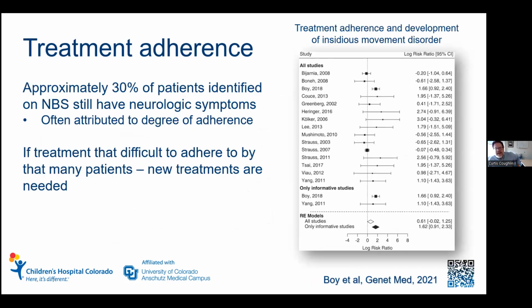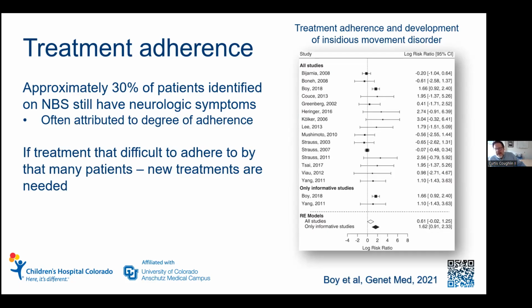Again, I said that they're about 30% of patients, 20 to 30%, depending on which article you read. And I've actually seen some data not published that might be even higher than 30, of patients identified by newborn screen still have some neurologic disease. In other words, we still have a long way to go in making this better.